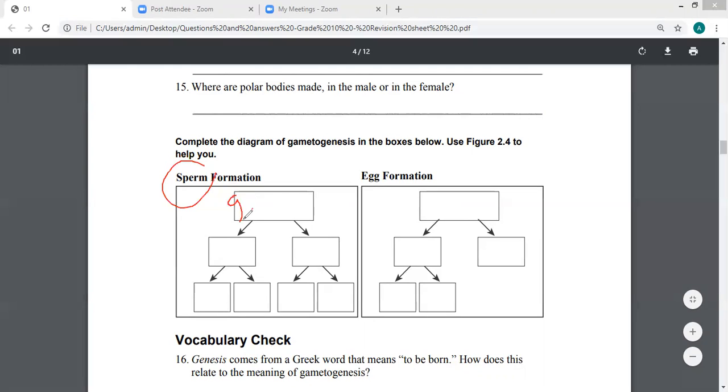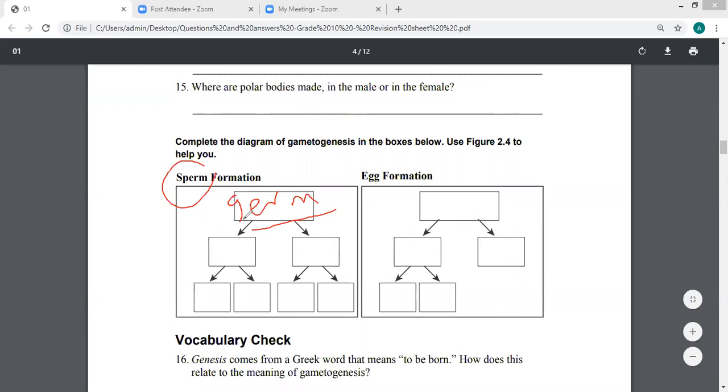Firstly, sperm comes from the germ cell, testis. Are testes diploid or haploid? No, diploid, because it produces sperm and the sperms are haploid.